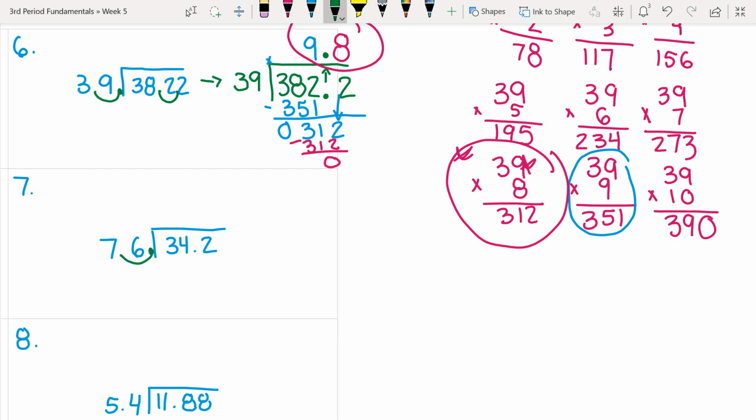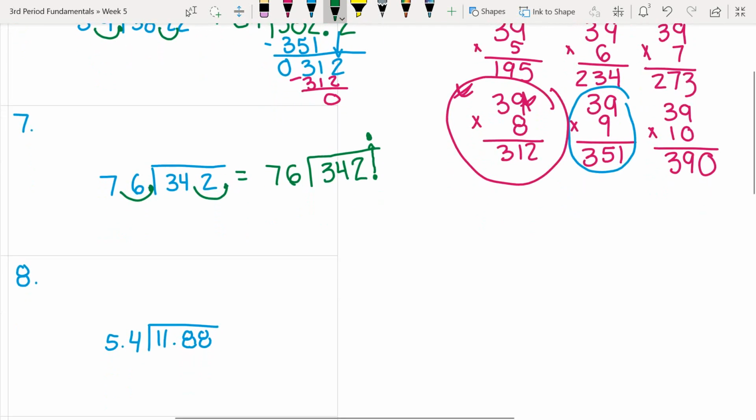If I move it once on the outside, I have to move it once on the inside. So really, we're going to deal with 76 on the outside, trying to fit into 342, the decimal at the very end of that 2, and we bring it upstairs. I'm going to come back to this problem to show you the calculator, but we're going to set up the other problems first.